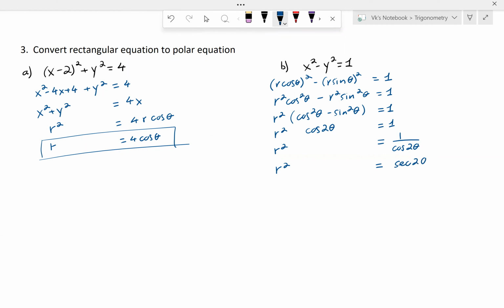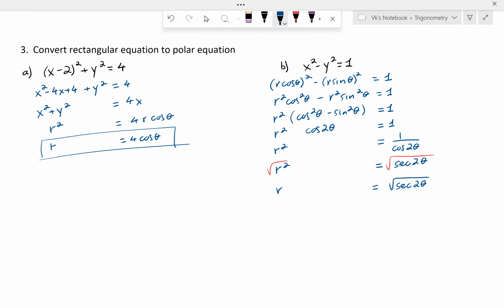So secant 2 theta. The radius is always positive, so we can square root both sides to give us r equal to root of secant 2 theta.